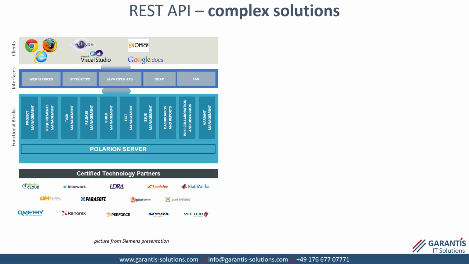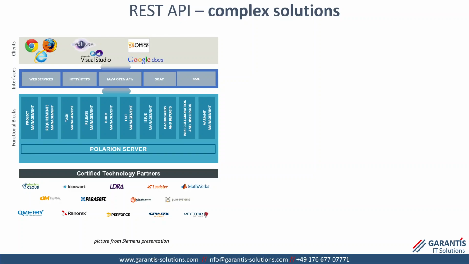If we move to the real world, then in reality we quite often need complex solutions. On the picture we can see the structure of existing Polarion, which was before this release. We could use different web clients, Chrome, Firefox, and we would use interfaces to connect to the functionality of Polarion.